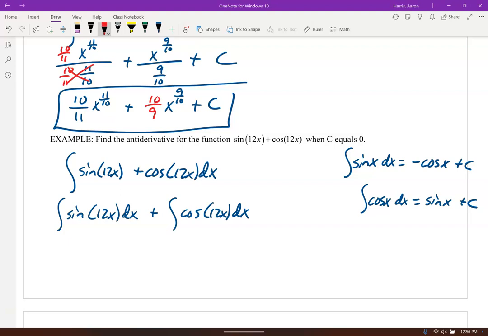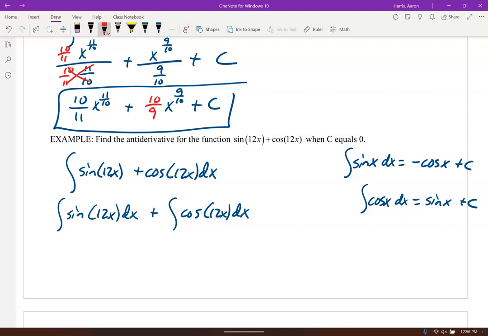And remember, if you go backwards, the derivative of the sine is just the cosine. The derivative of negative cosine is the sine, right? So that's why those are what they are.